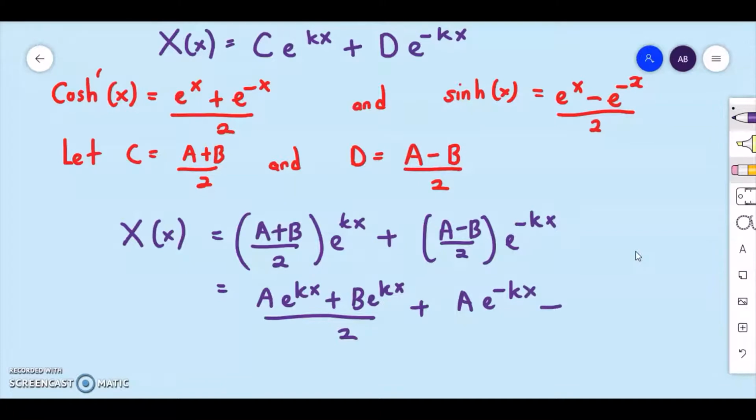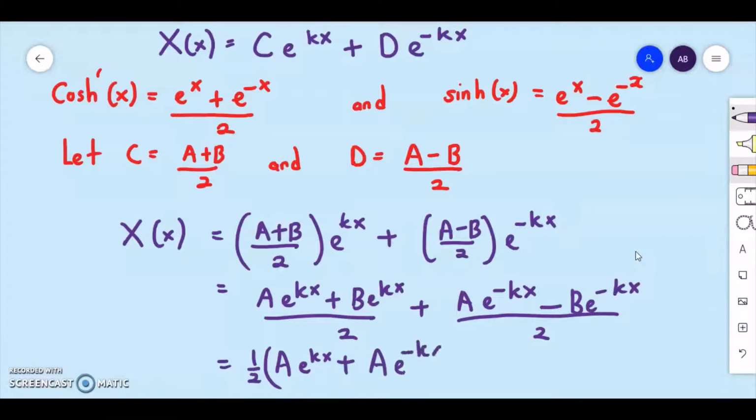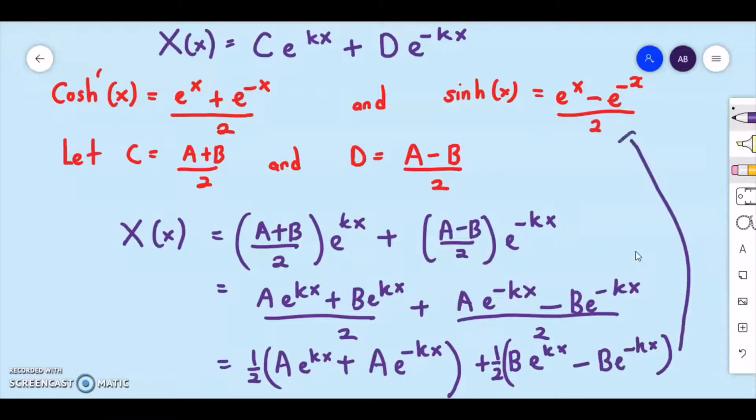You can see the pattern there. Collect the same constants, taking the A first: I have half A times exponent kappa x plus exponent negative kappa x. And then B: half B times exponent kappa x minus exponent negative kappa x. You can see the similarity with the hyperbolic cosh and hyperbolic sinh terms.